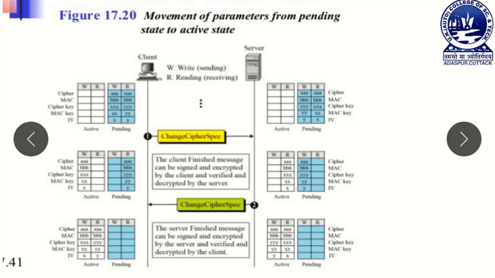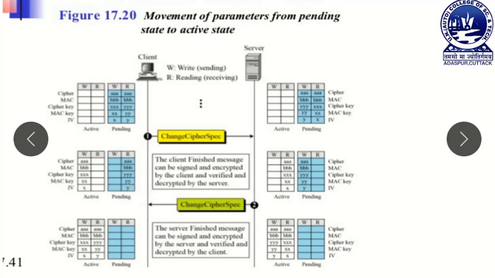After the client receives this message, it moves the read inbound parameter from the pending to the active state. Here these are the read inbound parameters in the pending state.